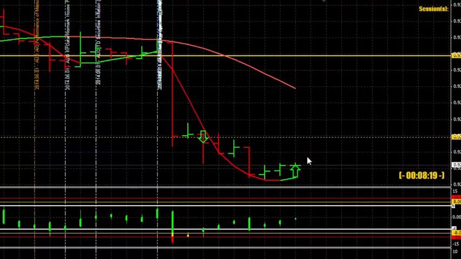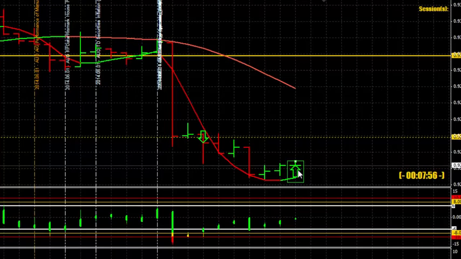Now, you have to decide, well, do I want to get in on the first minute, 2 minutes? That's something you're going to have to decide. But overall, I like what I see here. 5 wins, 0 losses. Like I said, this is next to price action trading. This is starting to look like one of my top favorite strategies, probably top 2 strategies.